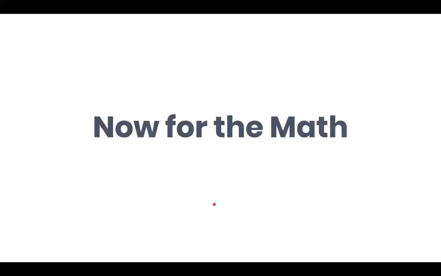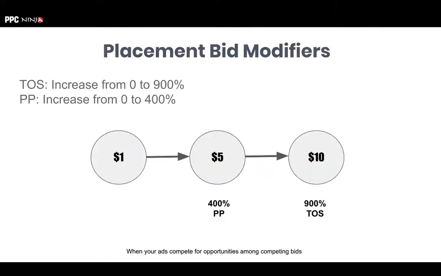Okay, let's get on with the math, because we want to know exactly what happens when there is a default bid and one of these different strategies for bidding is applied. First we'll discuss placement bid modifiers. For top of search, they now allow an increase from 0% to 900%. And for product pages, they allow an increase from 0% to 400%.